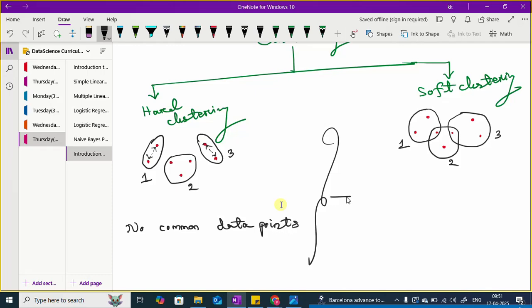But here, common data points are present. Clear, guys? Any doubts?